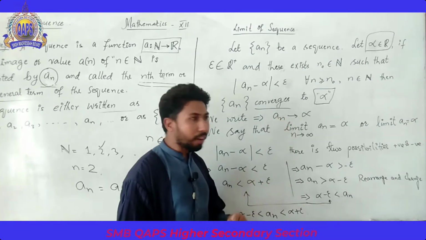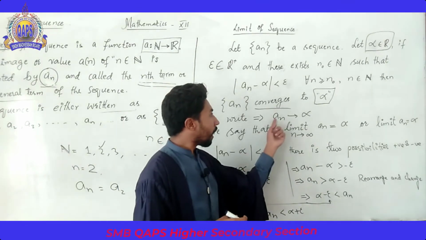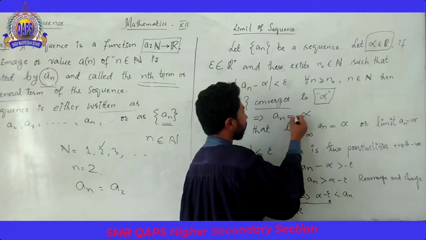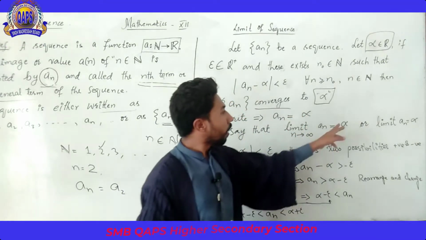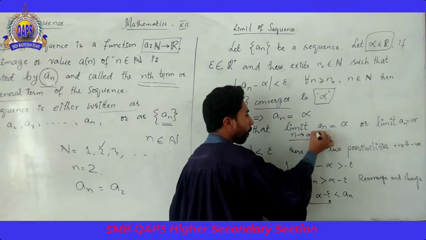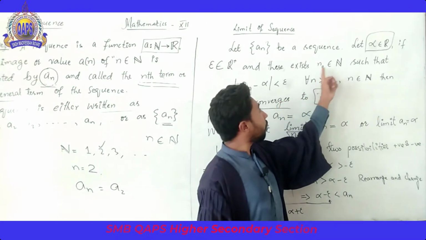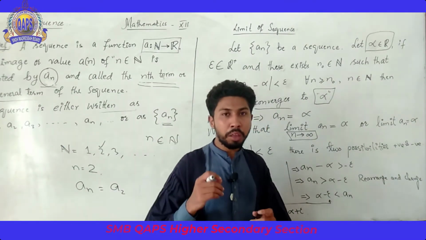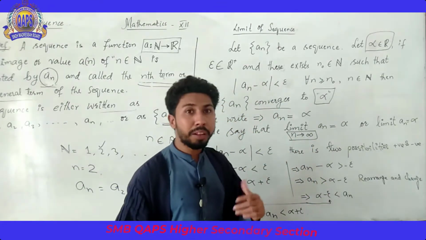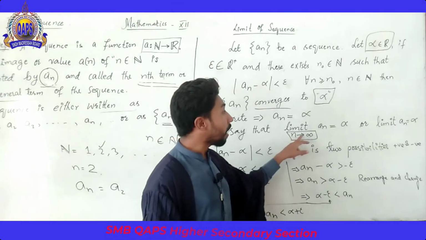When we apply the limit as n tends to infinity, where infinity is unlimited, a_n equals alpha, or you can say the limit of a_n equals alpha. Whether or not you write the limit, the natural numbers contain infinitely many numbers, so we can apply n tending to infinity, meaning n represents unlimited numbers.